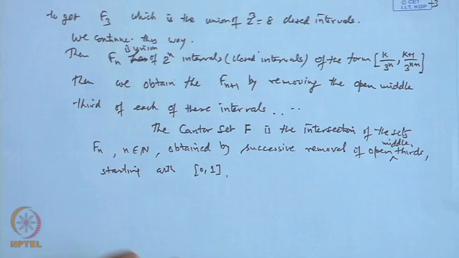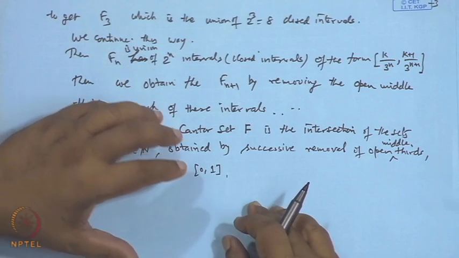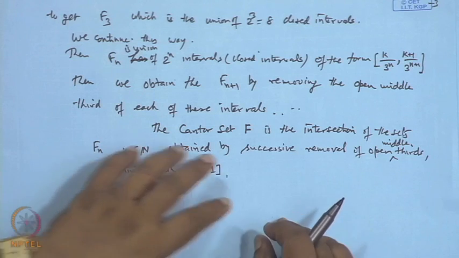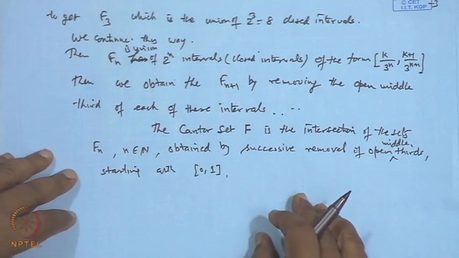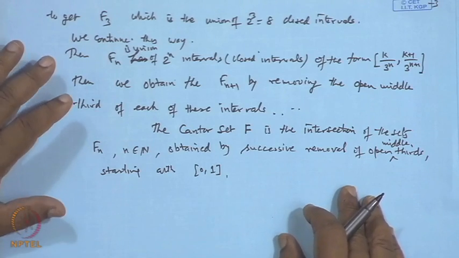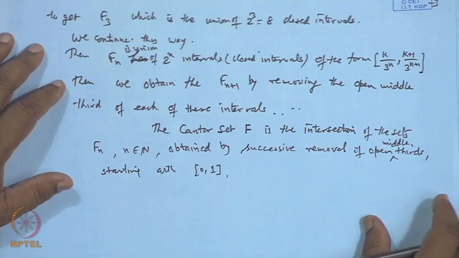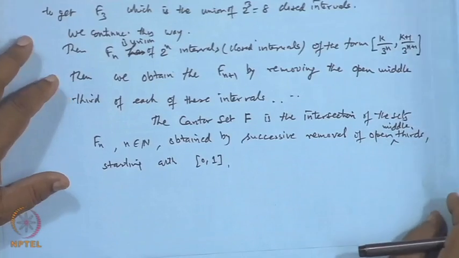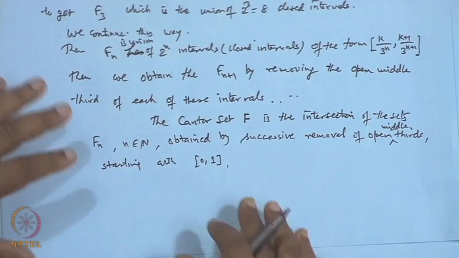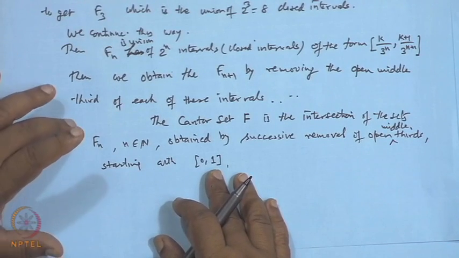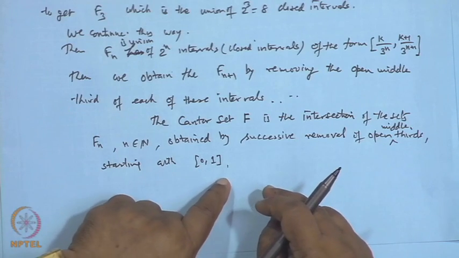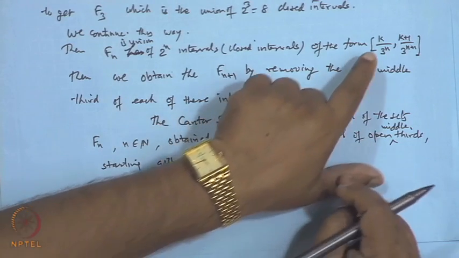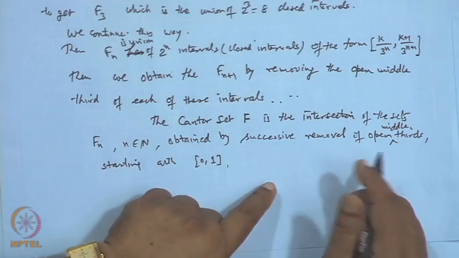So, this set F will be the Cantor set. Basically, the Cantor set is the collection of all the end points of these removed intervals, the corner points of these deleted intervals.